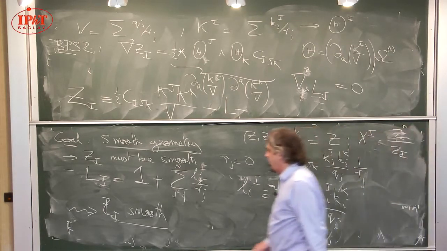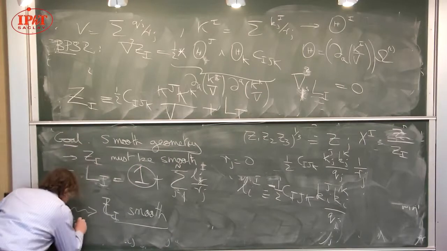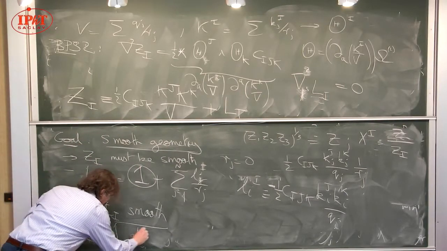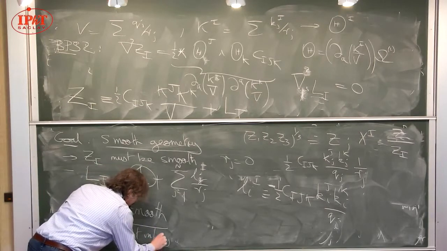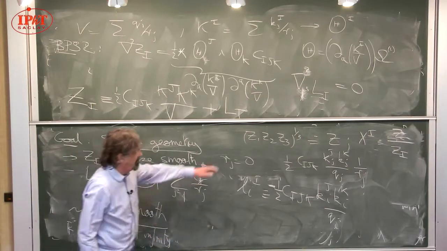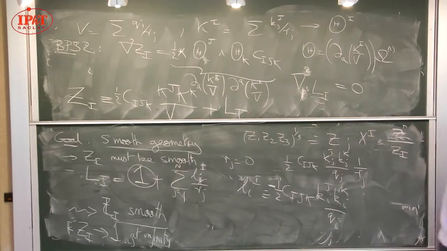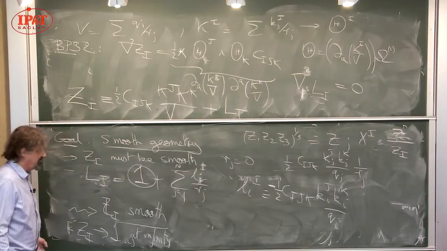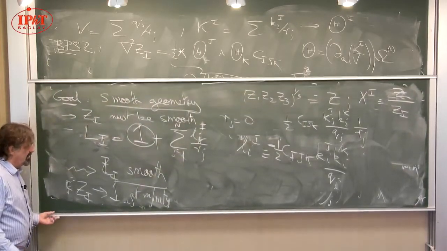Why did I put in the 1? Because I want the zi's to go to 1 at infinity. You can let them go to any other constant you like, but remember the warp factors in front of the metric, I just want them to go to 1. It means that dt squared goes to minus t squared at infinity. So this is just a normalization of the asymptotic structure of the metric.